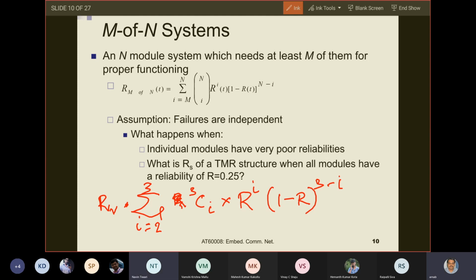Is this okay? Yes. So then what are we getting here? R_V multiplied by what?